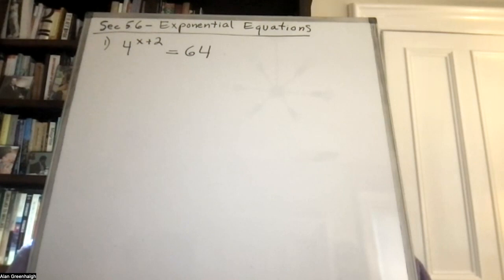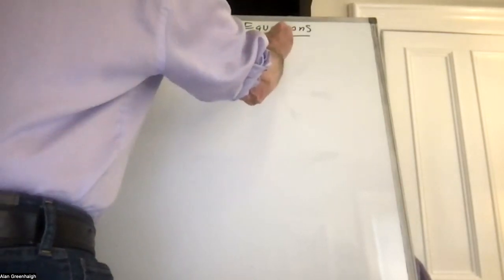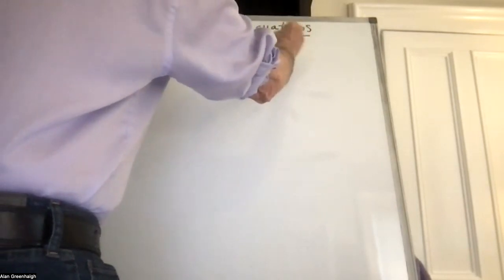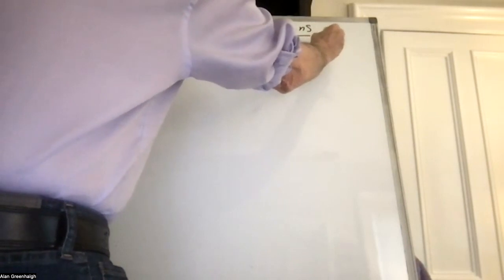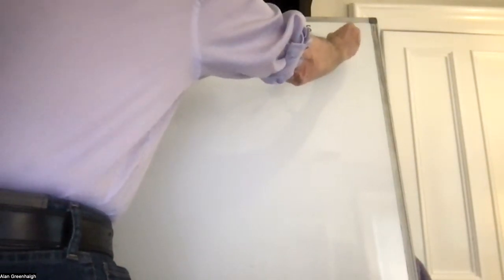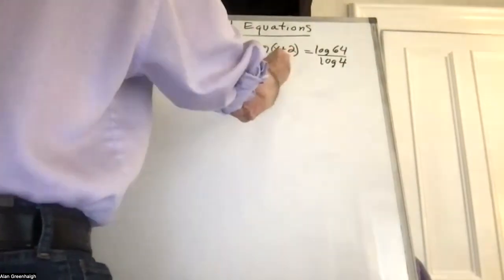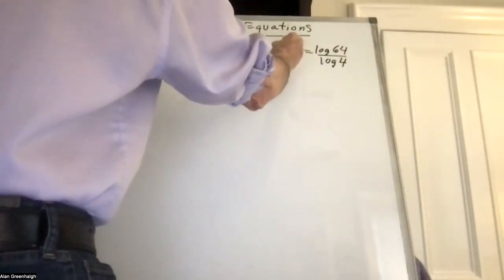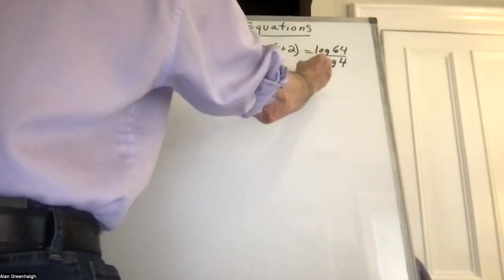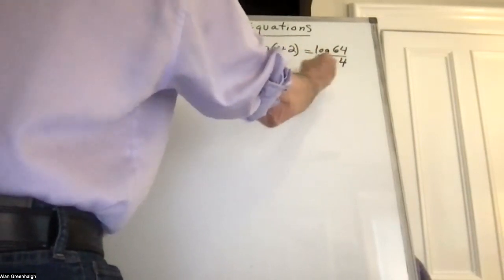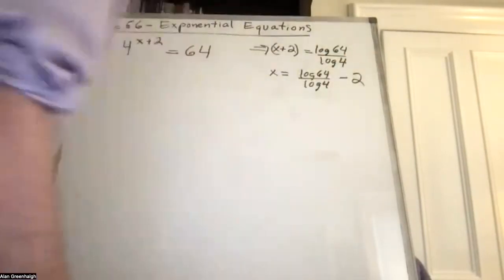In other words, this problem could be done by saying x plus 2 is equal to the log of 64 divided by the log of 4, and then x is going to be equal to the log of 64 over the log of 4 minus 2. I guess that could be done.